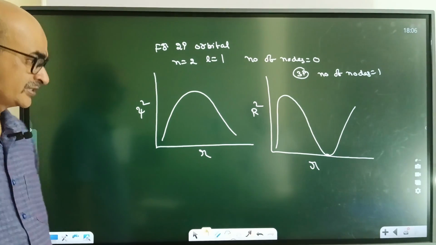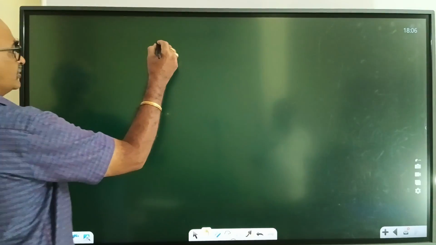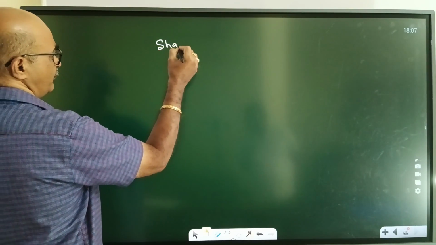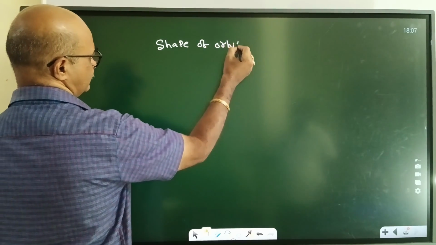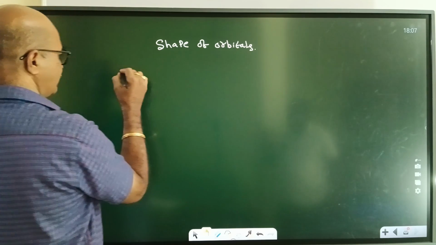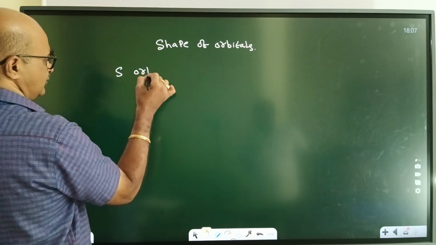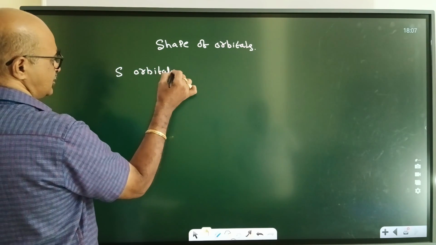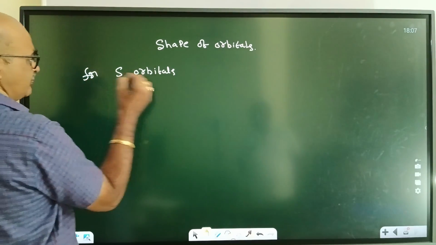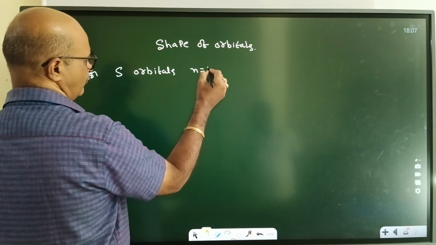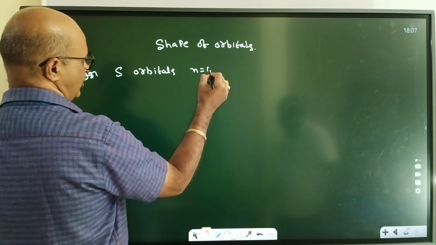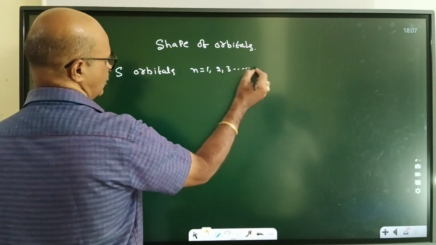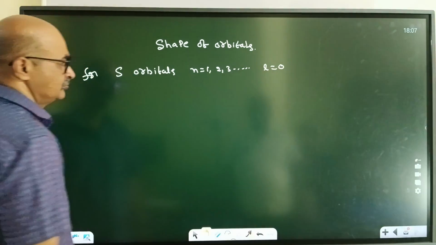Okay, next. Shape of orbitals. For s orbitals, n is equal to 1, 2, 3, and so on. l is equal to 0.